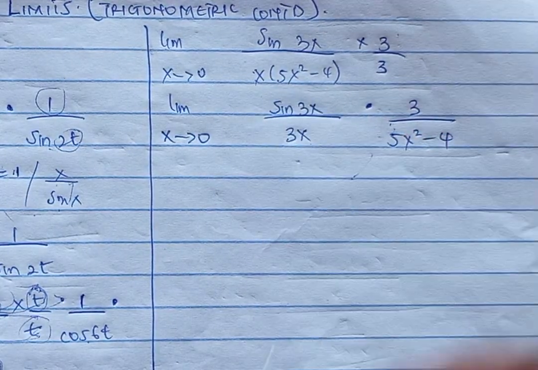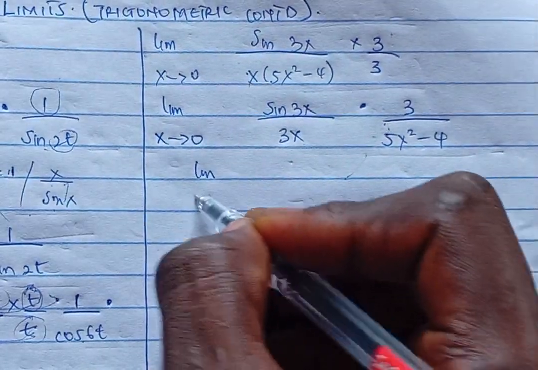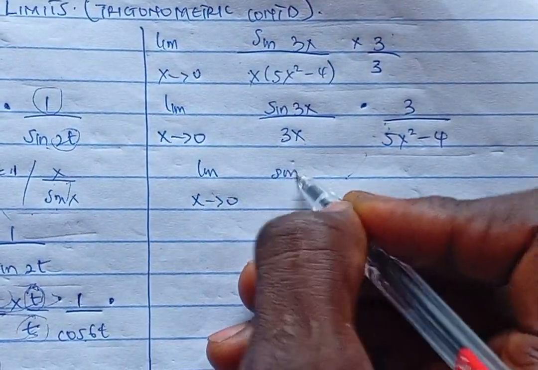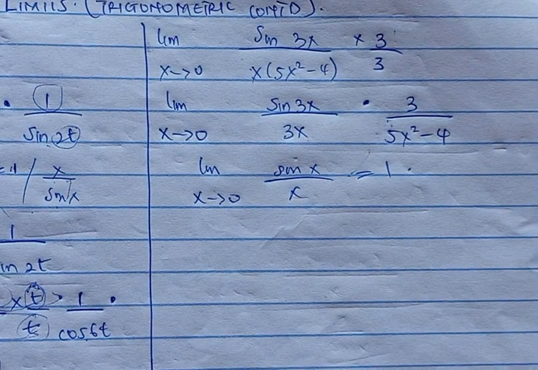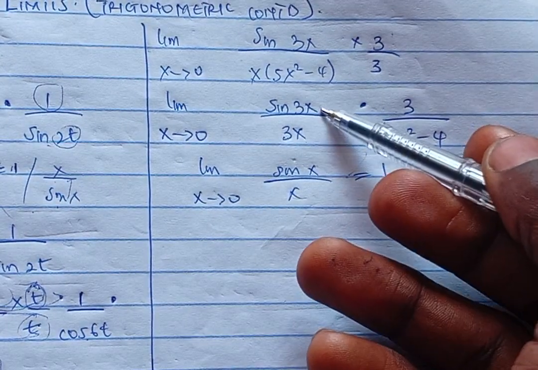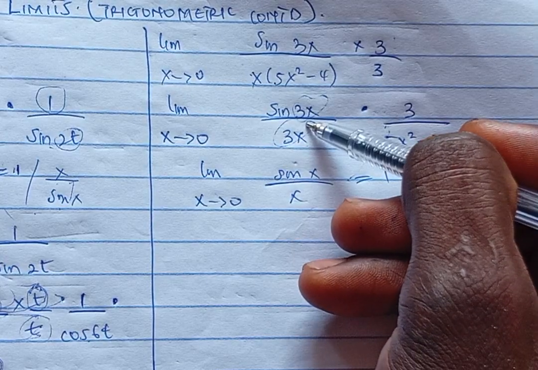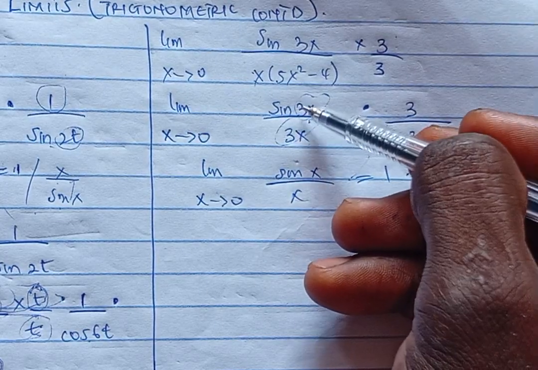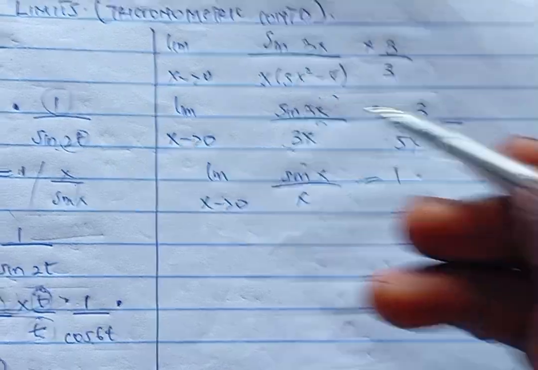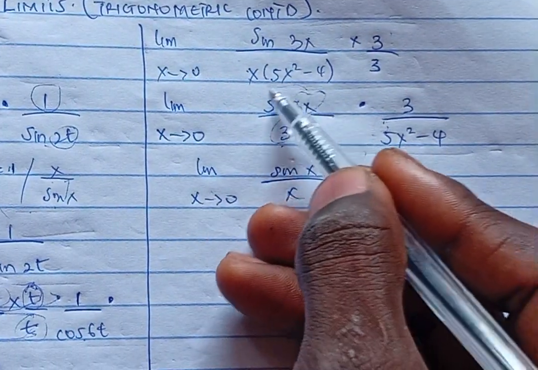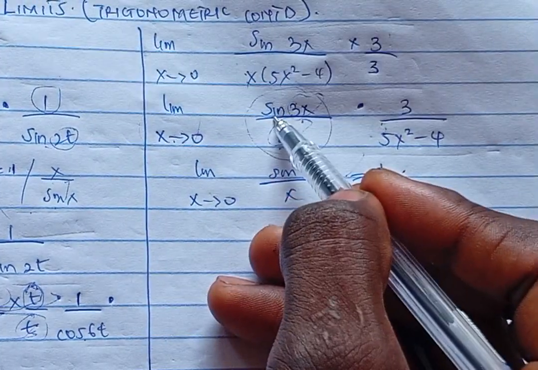This one now resembles the standard limit that says the limit as x tends to 0 of sine x over x is equal to 1. Someone will be wondering, this is x, this is 3, how is it the same? Since this one and this one are the same, it is also a standard limit. If you have 9 here and 9 here, it's also a standard limit. That's how the rules go. As x tends to 0, this one will be equal to 1, right?